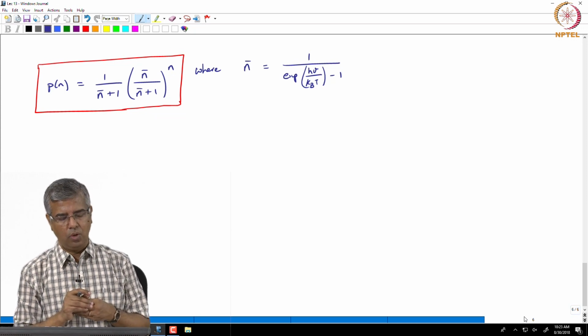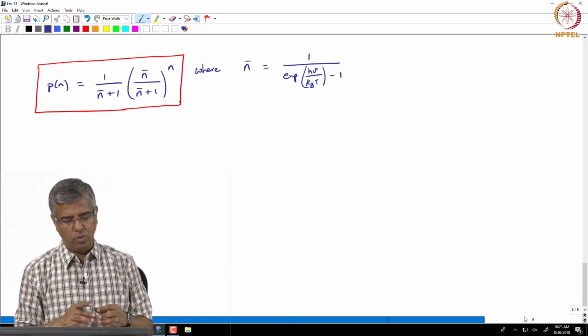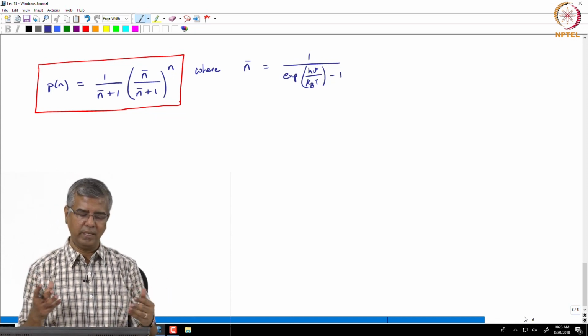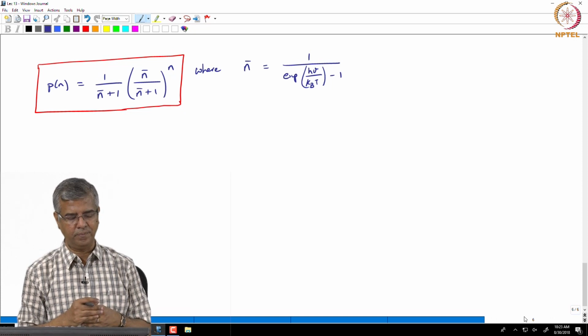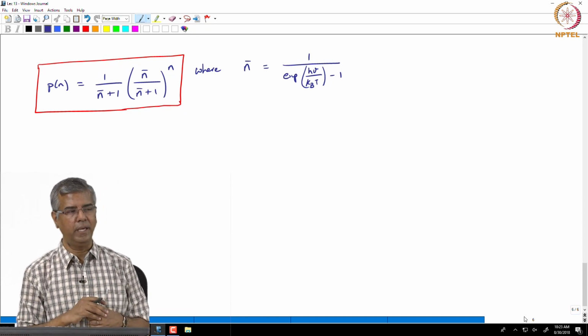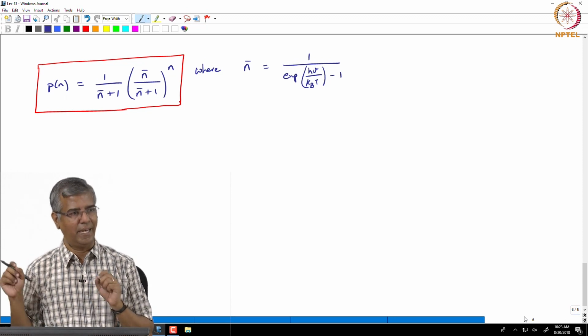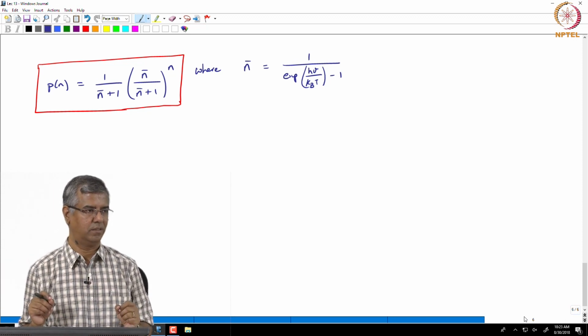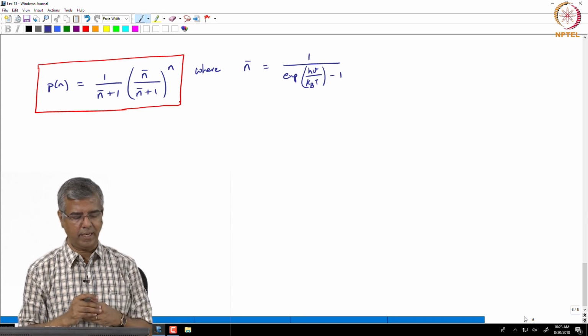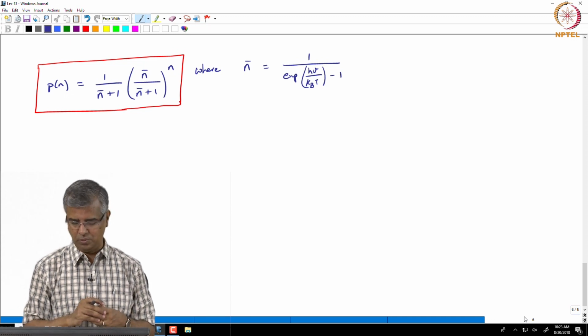So we were looking at that picture for a generic light source, which could be a laser type of light source, but now we are looking at thermal light sources, okay. And in thermal light sources, we have this sort of distribution.